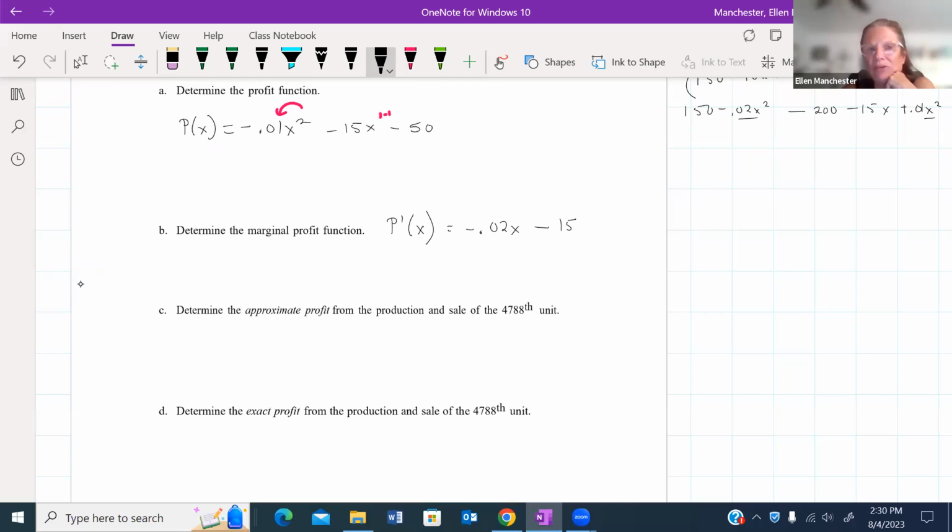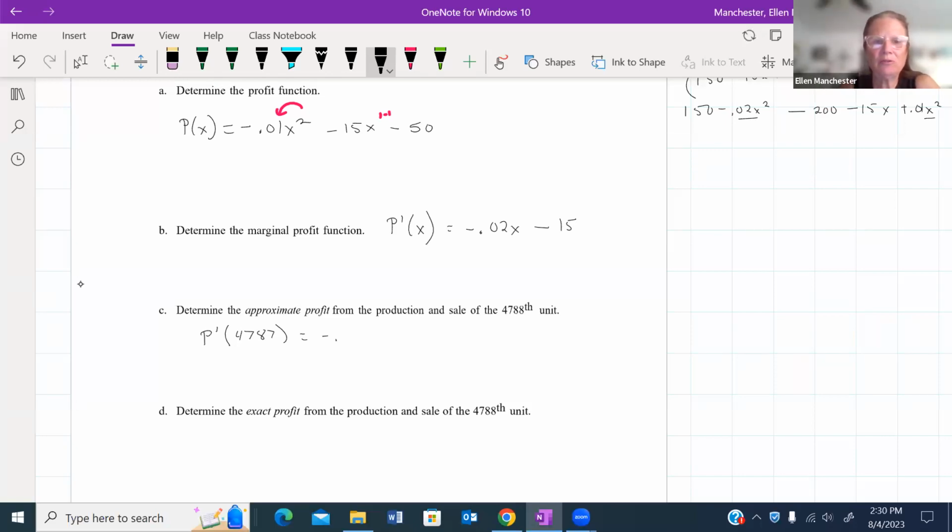So again, whenever it's x to the first power, it just drops off because it goes to x to the 0 power, which is 1. Okay, so there's my marginal profit. To find the approximate profit, I'm going to take the derivative at the 47.87. Remember, you're not quite to 47.88. You're heading towards that. So that's why we always go one less.